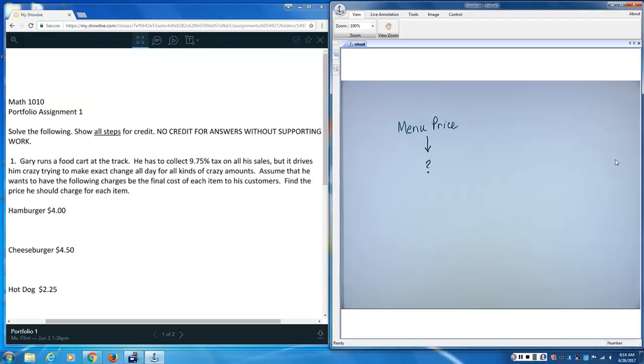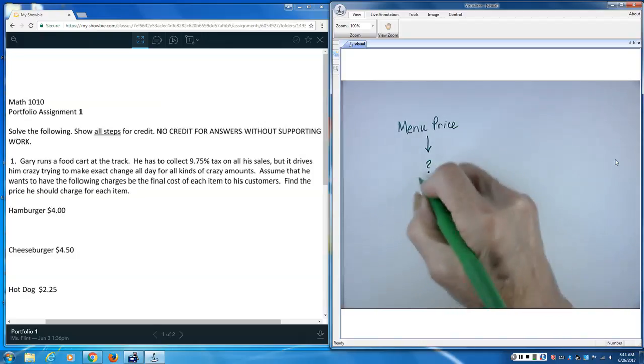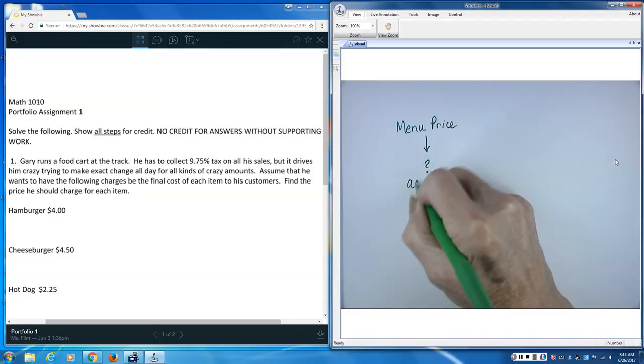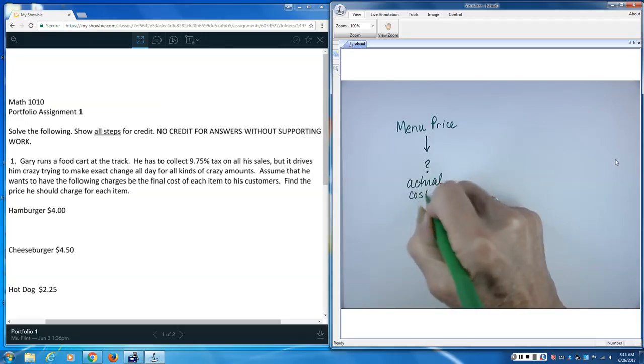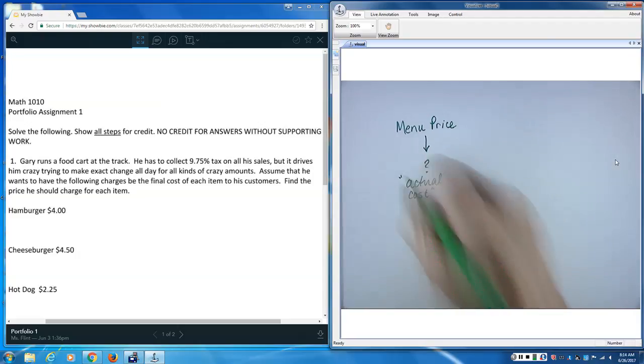Now, I know walking in every single day that $2.19 is what my coffee's going to cost. But they've already added the tax to that. So his menu price is going to be like the cost of my coffee. You can think of that as the actual cost.